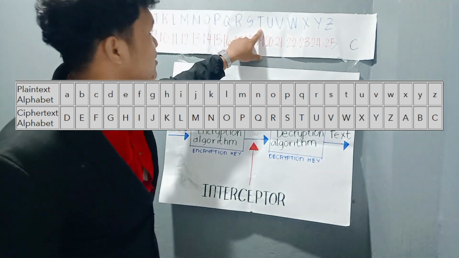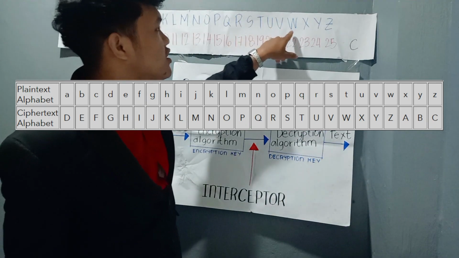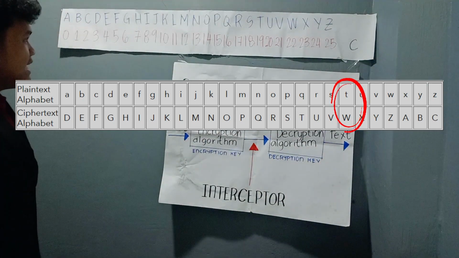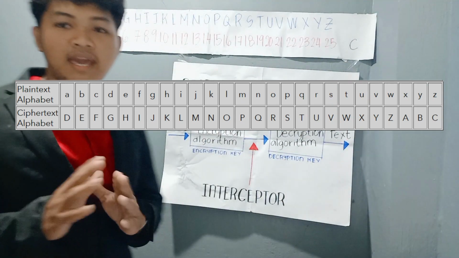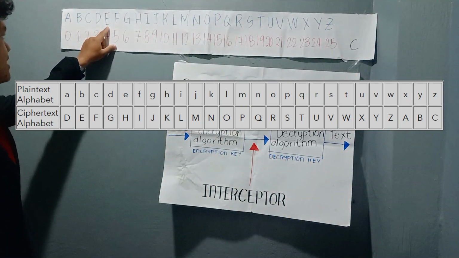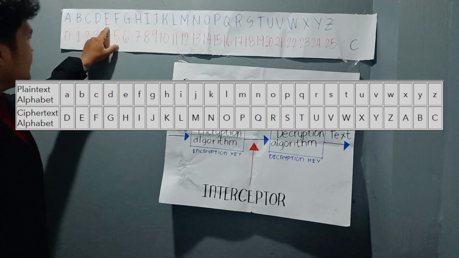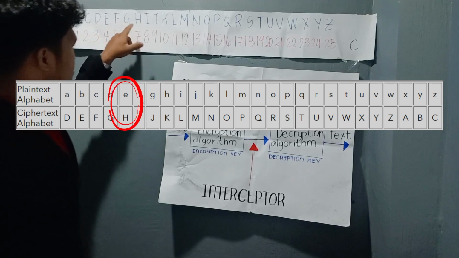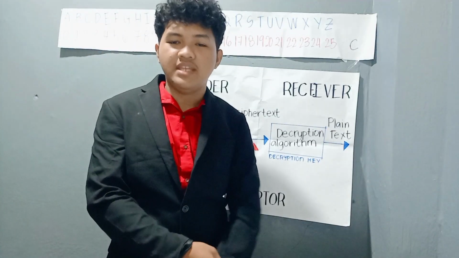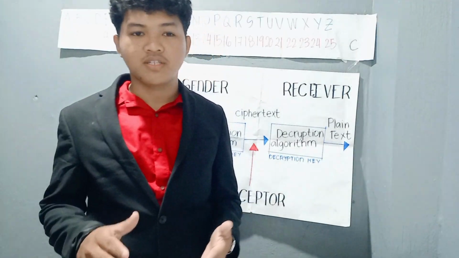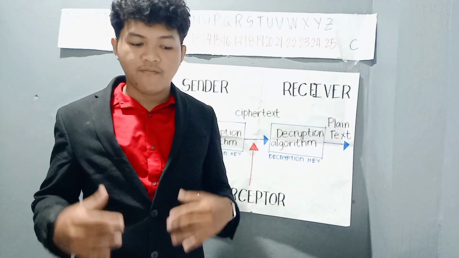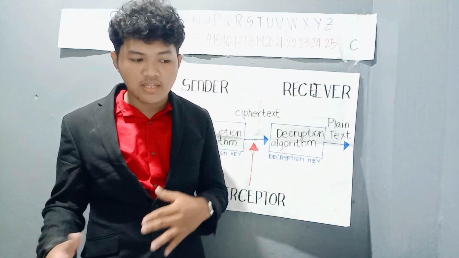So T becomes W. And E, the last letter of the word "hate", H-A-T-E: from E, shifted by 3, F, G, H. So E becomes H. That's how the shift cipher works. We just shift a certain number of positions in the alphabet.